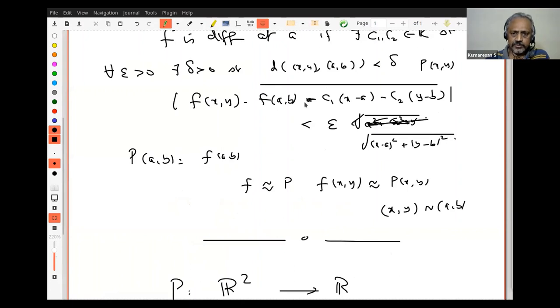So what we are doing is approximating by a first degree polynomial. Why do we want to do that? Because the function f may be very complicated, when I want to measure something, that may be very difficult for me to work with. So then what I do is I look for some easy function which is close to that, and I can work with that. Intuitively, this is what it says.